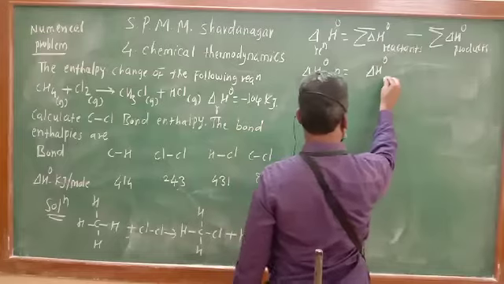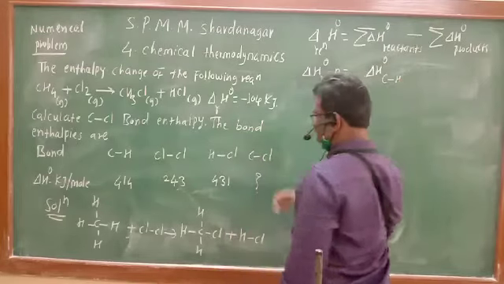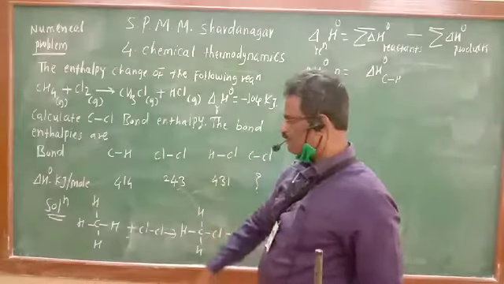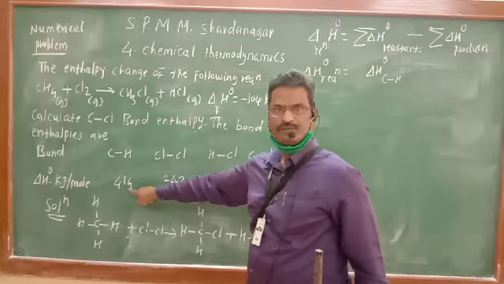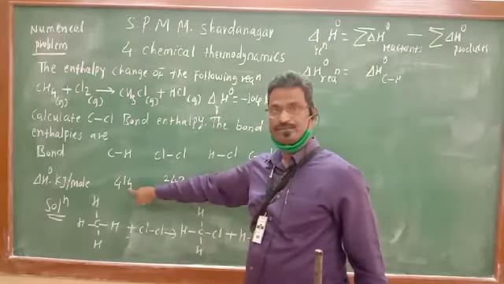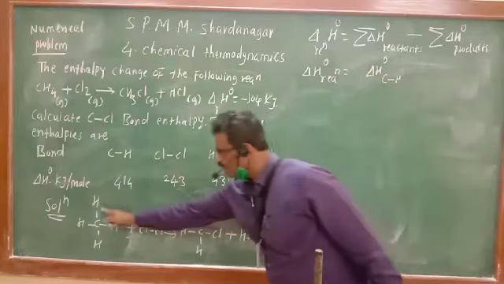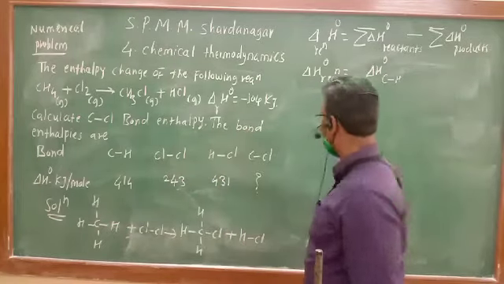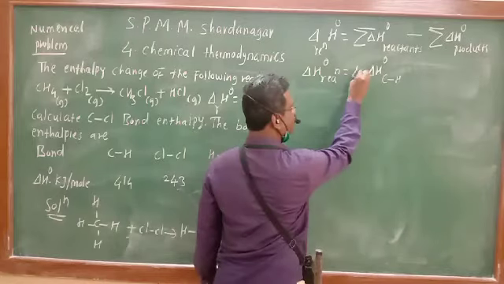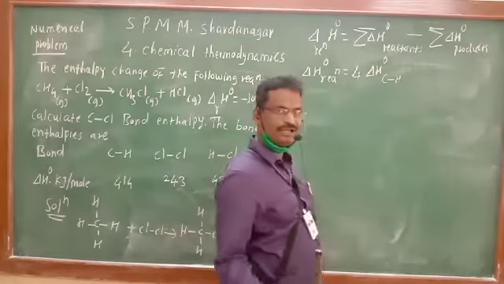CH bonds are there, and how many CH bonds? For breaking one CH bond, 414 kilojoules of energy is required. How many bonds are there? 4 bonds are there. See here, 1, 2, 3, 4. Therefore, this is multiplied by 4. Energy is absorbed.